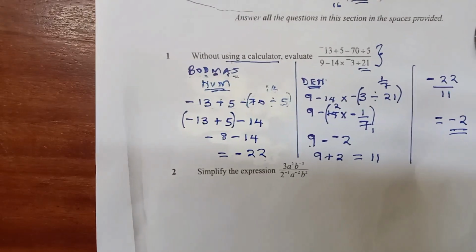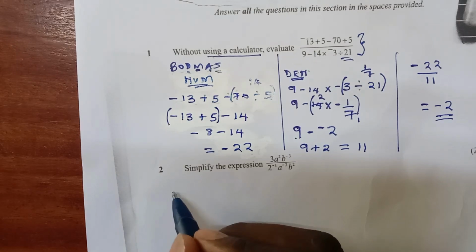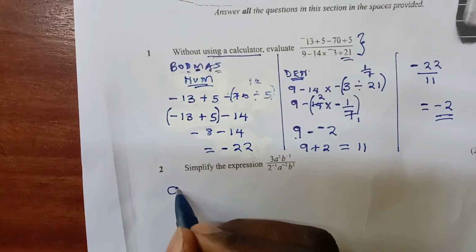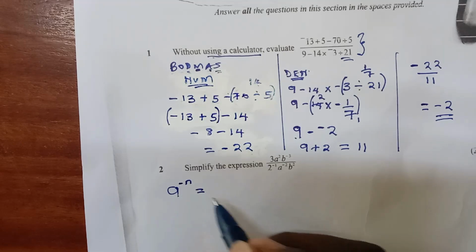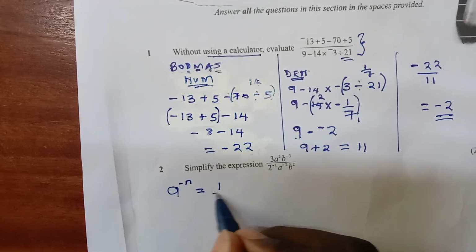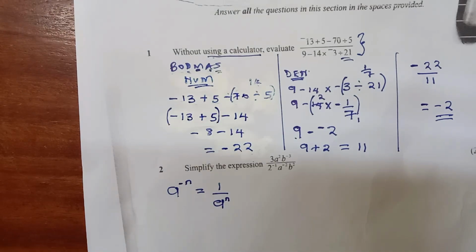The candidate needs to recall that when you have a number a raised to the power of negative n, it is the same as 1 over a raised to the power of n.